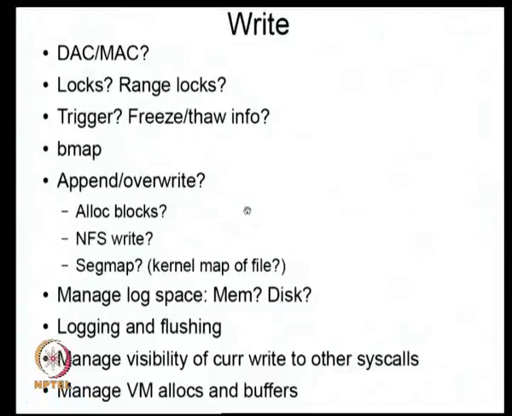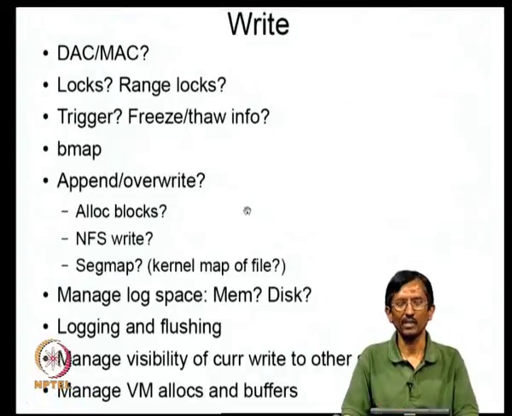Again I will give you a slightly high level idea about a write. This is an extremely simplified version, and we will just go through the steps. Typically write tends to be one of the most complex operations in a file system.